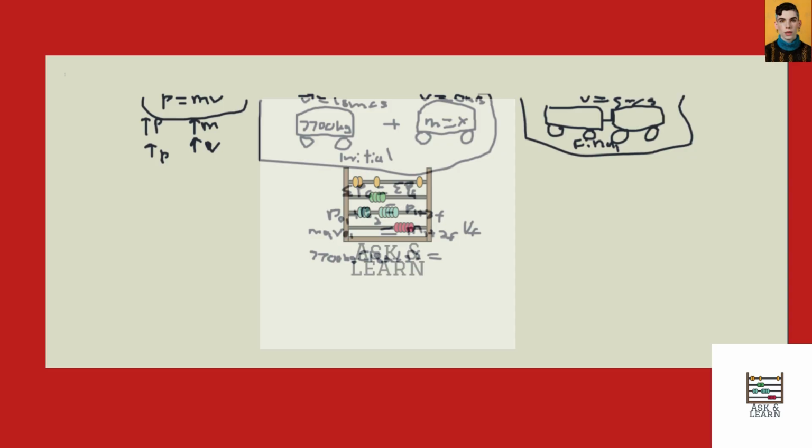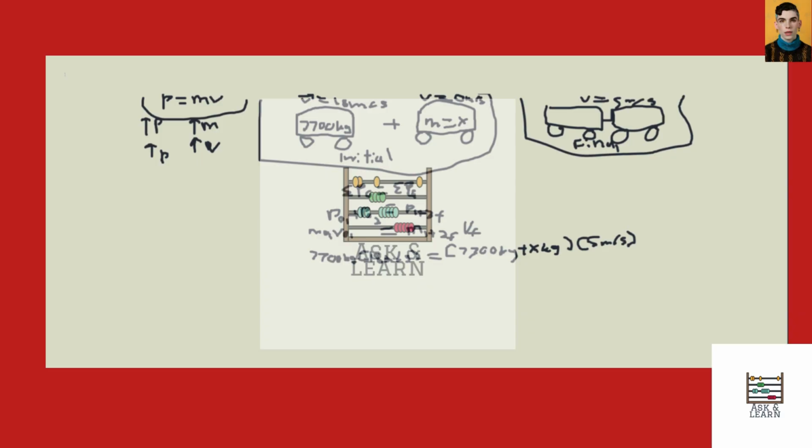Well, this is equal to the sum of, again, the first boxcar, 7,700 kilograms, plus an X amount of mass for the second boxcar, multiplied by the velocity of the two boxcars when they move together. And that's 5 meters per second.